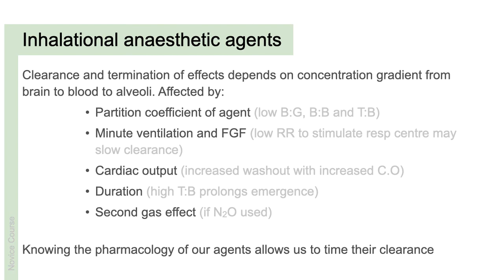So although the actual clearance doesn't change too much with prolonged anaesthesia, if there is a high tissue to blood coefficient, then you will get a corresponding prolonged emergence. And typically, desflurane is cleared faster than sevoflurane, which is cleared faster than isoflurane.